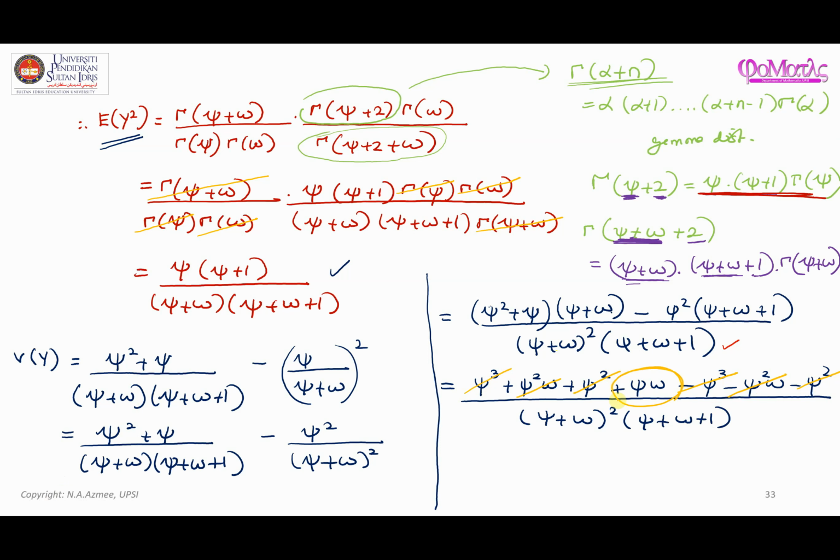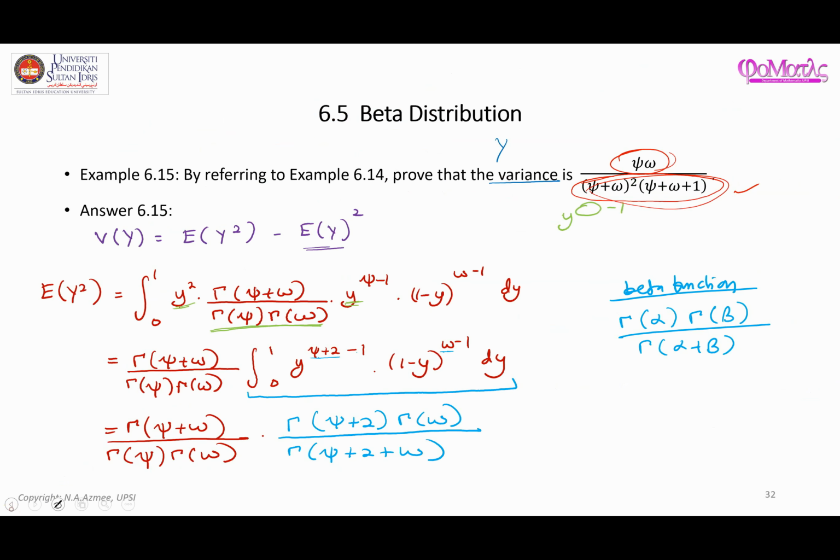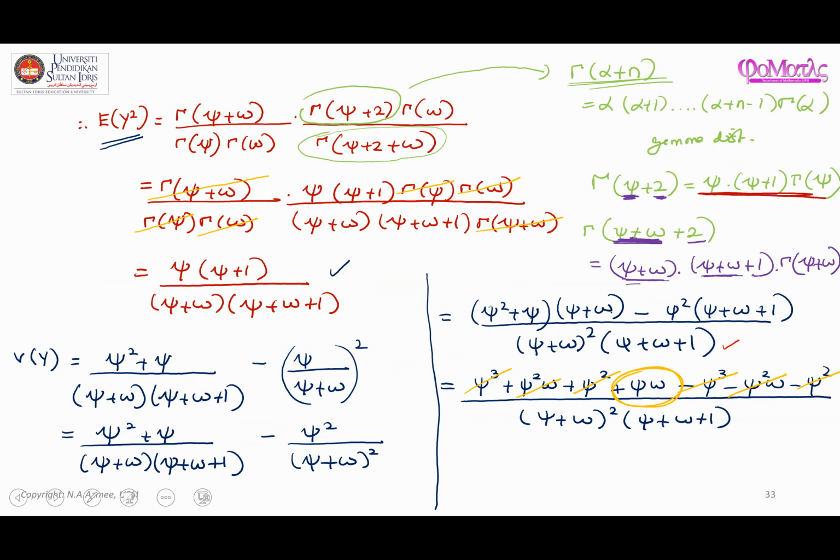So you get the top part as psi times omega, or omega times psi, doesn't matter, but we got the top part right, and that's it. We have managed to prove that the variance is given by this term right here, okay? So that's the result, and we're done.